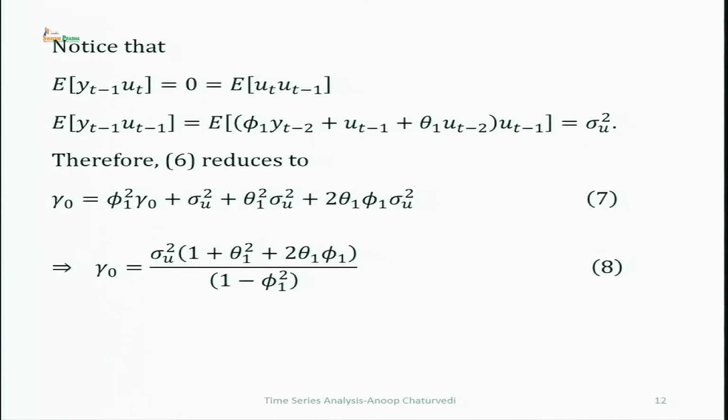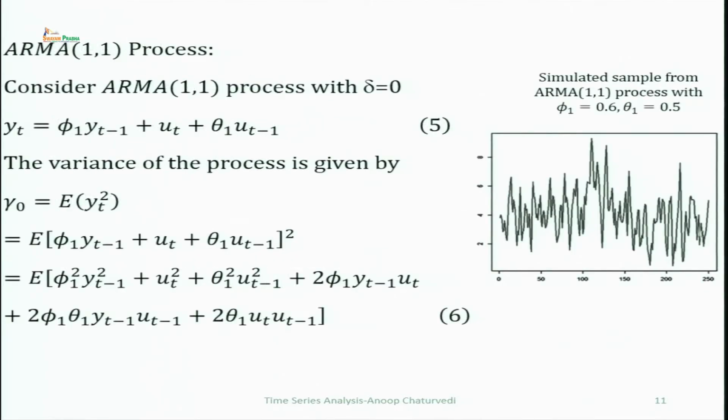Now, expectation of y t minus 1 u t is equal to 0, because y t minus 1, in this equation 5 of the ARMA(1,1) model, you just replace this t by t minus 1. So, you get y t minus 1 equal to phi 1 y t minus 2 plus u t minus 1 plus theta 1 u t minus 2.